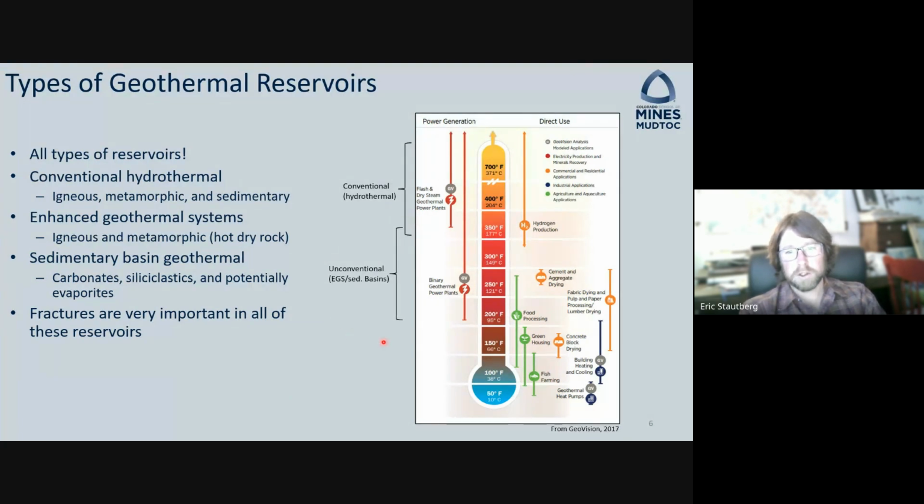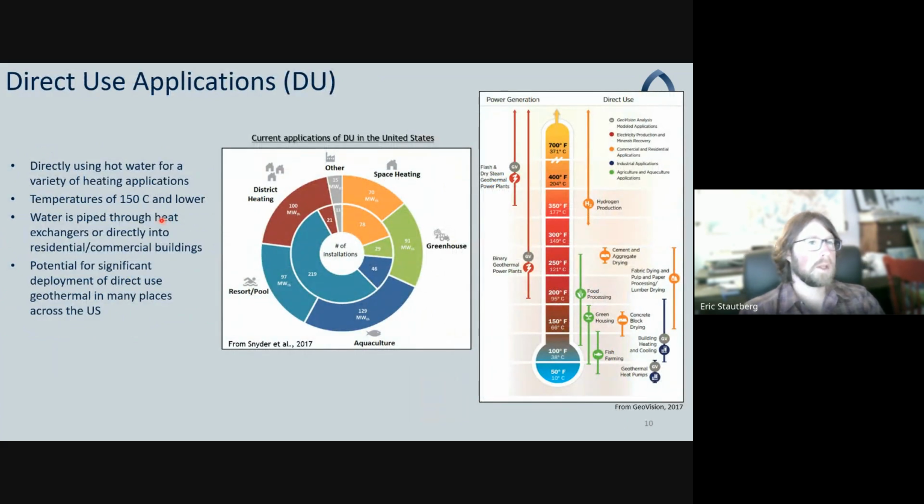And then our unconventional EGS and sedimentary basin geothermal more falls into this kind of a mid-range temperature category. We're really looking around 250 to 300 degrees Fahrenheit in these sedimentary basins. And then below those temperatures, we have all these different direct use applications that we can use that thermal energy for besides making electricity.